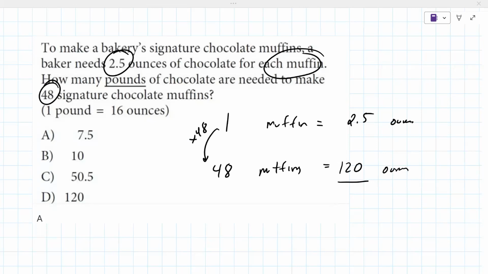You have an answer for me? C. So how many ounces do you have? 120. And how many ounces are in a pound? 16 ounces.